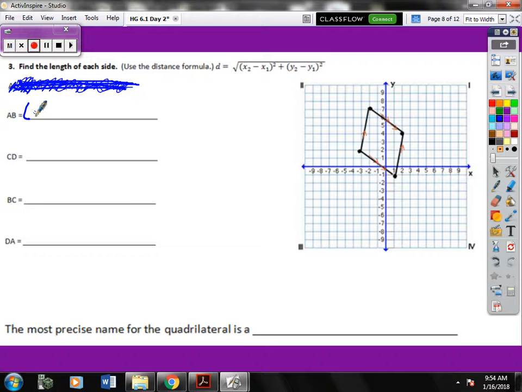So A was -3, 2. And B was -2, 7. And we're going to do our distance formula with that.